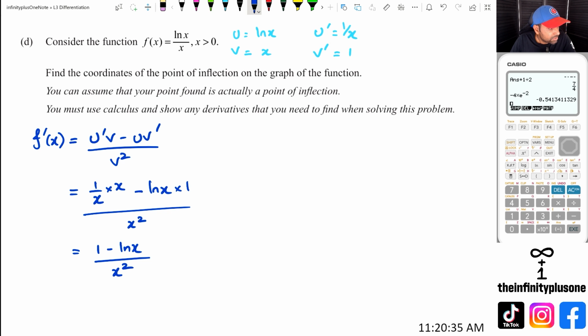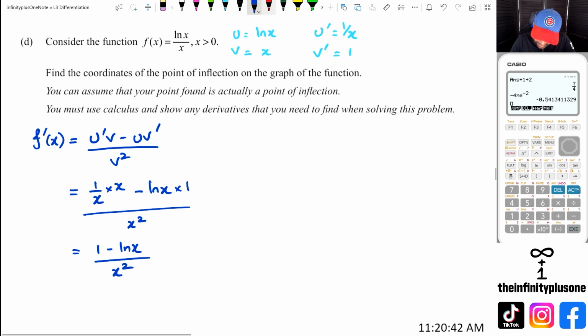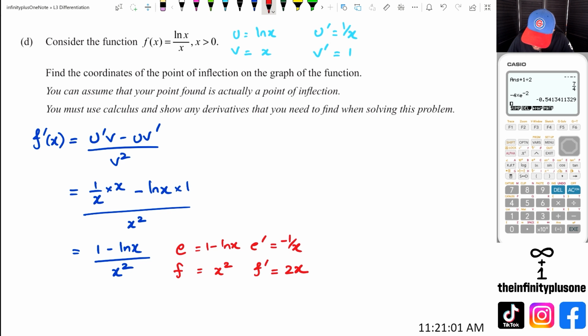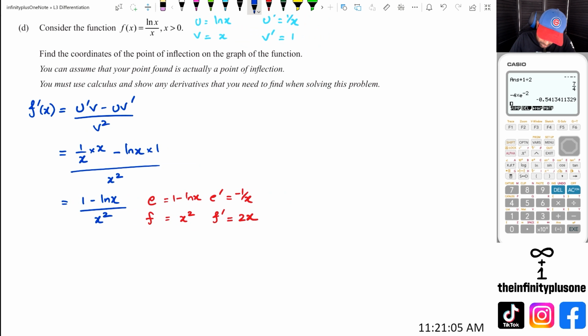Now we need to actually double differentiate this. So to do that, once again, let's go with different letters here. So e is going to be 1 − ln x. e' is equal to negative 1 over x. And then f is equal to x², and then f' is equal to 2x. Because we need to do yet another quotient rule.